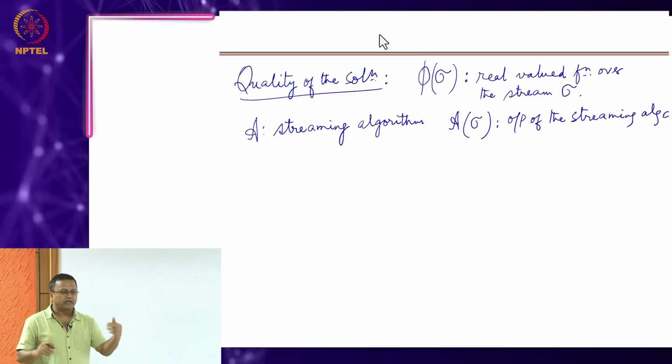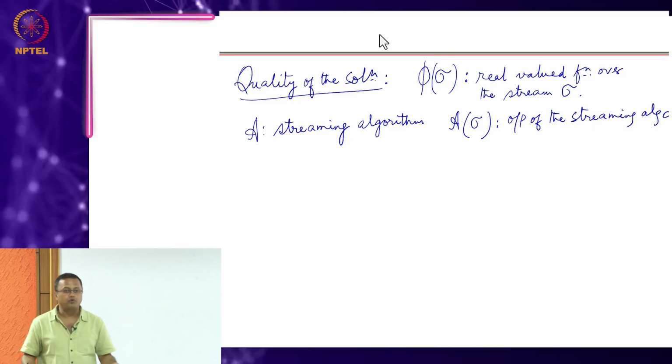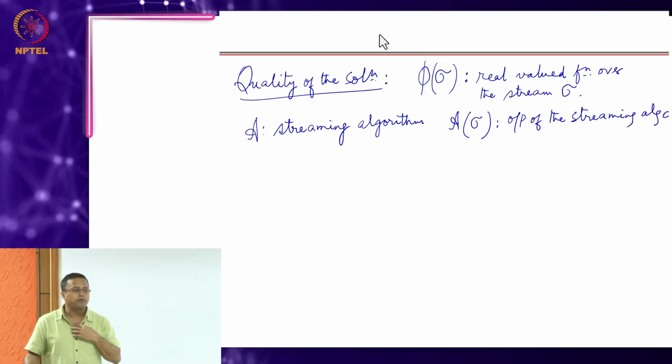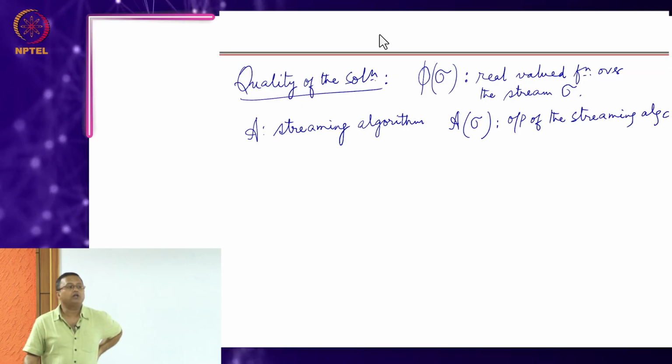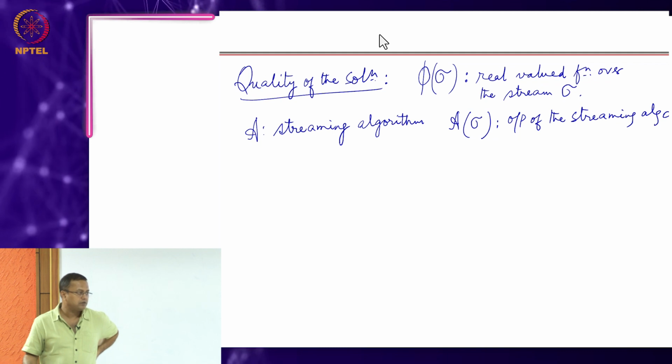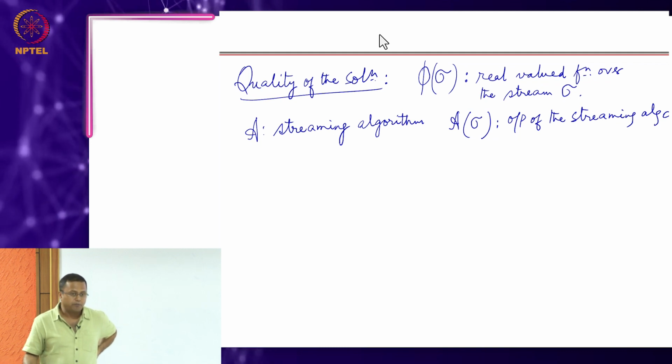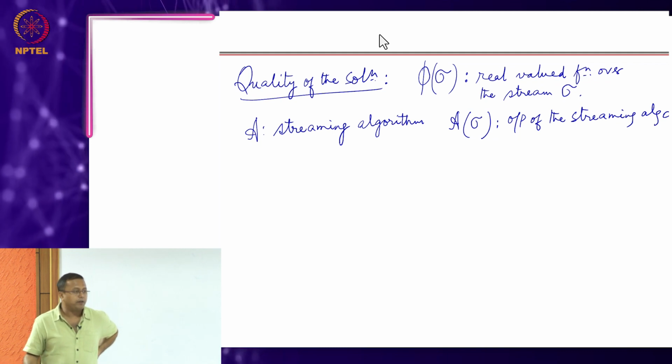Now, for many of the cases this streaming algorithm would not be able to solve the problem exactly, it will only solve it approximately. So, we will look into this distinct elements problem and give you an approximate solution.